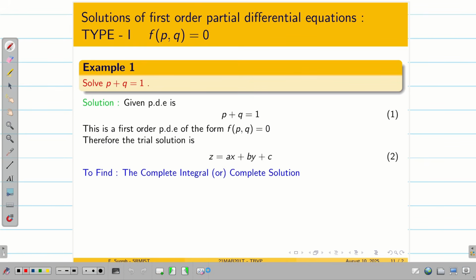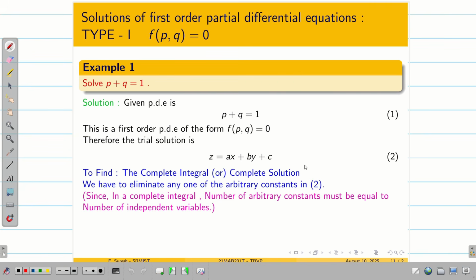So to find the complete solution, the first thing we have to check is how many independent variables there are. In this first order PDE, x and y are independent and z depends on x and y. So we have two independent variables. My complete solution should have two arbitrary constants, but my trial solution has three arbitrary constants. So I have to eliminate one arbitrary constant from here.